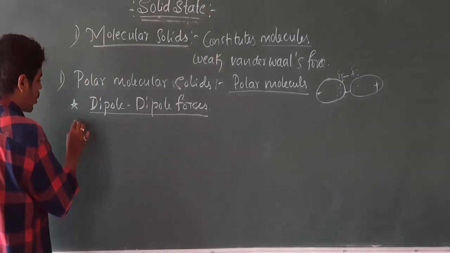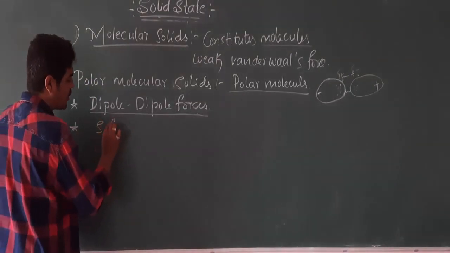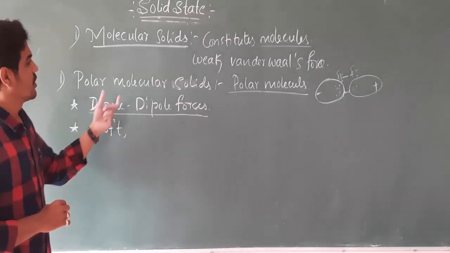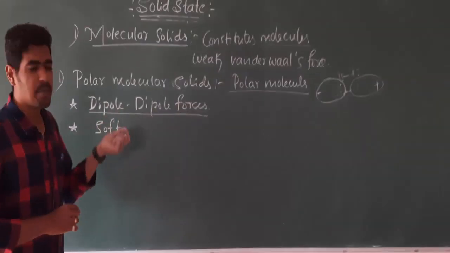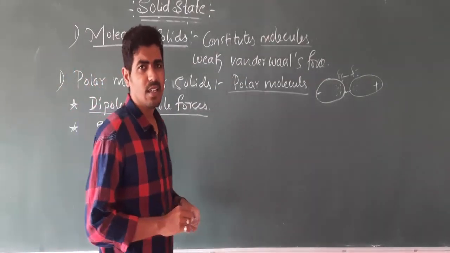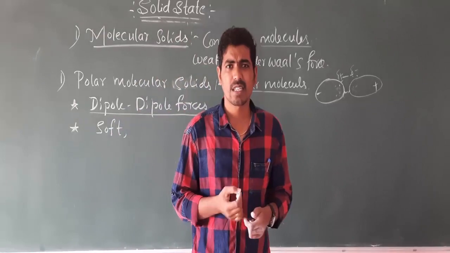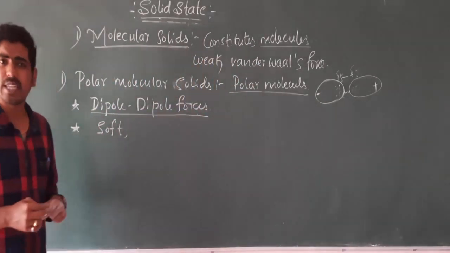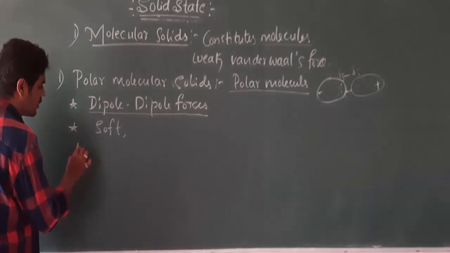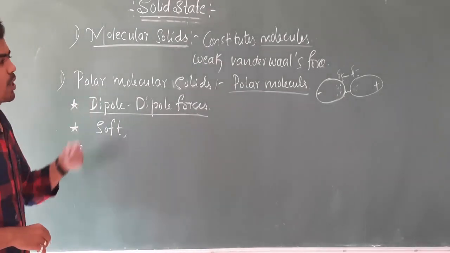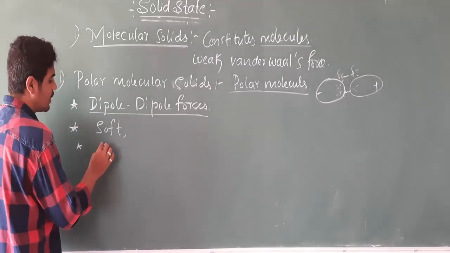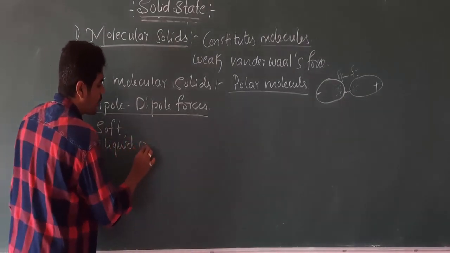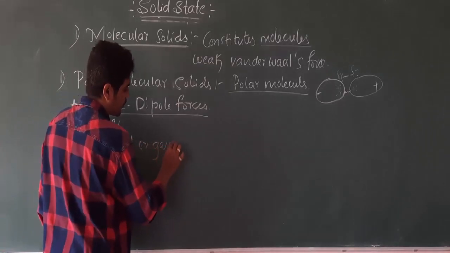And these solids are very soft in nature, because since the dipole-dipole forces are acting, they are weak forces and the particles are very soft in nature. The next characteristic of polar molecular solids is these are mostly present in liquid or gaseous state.